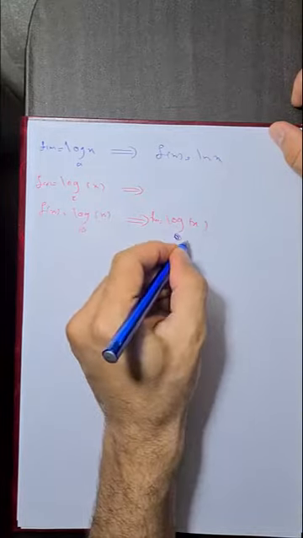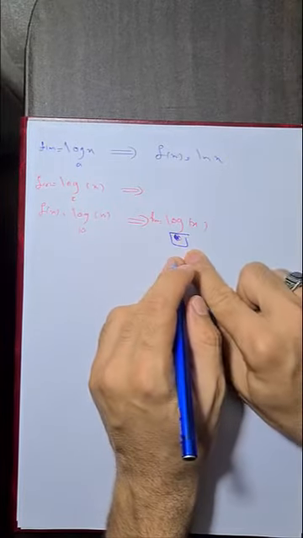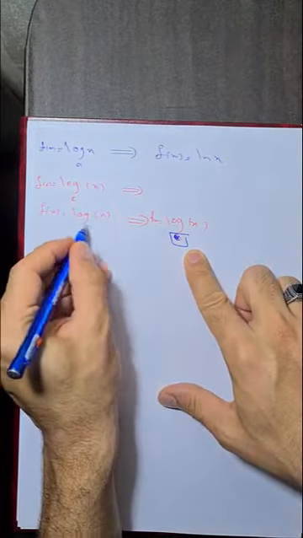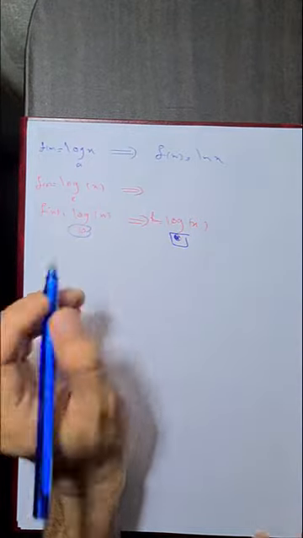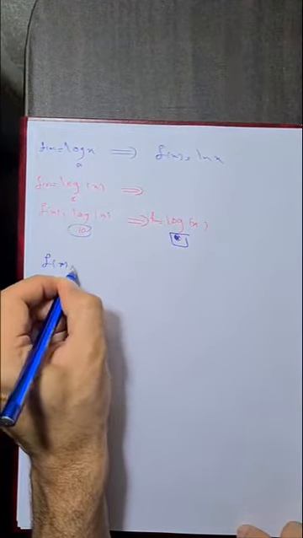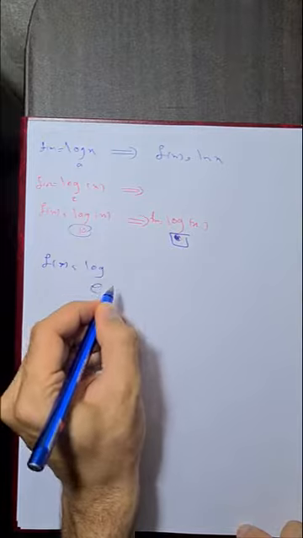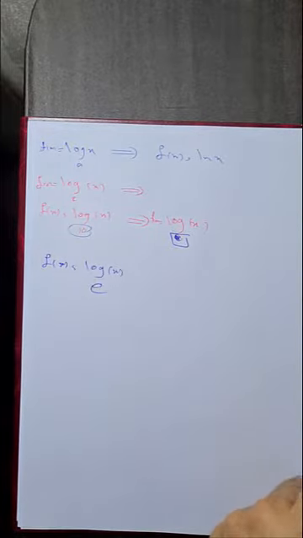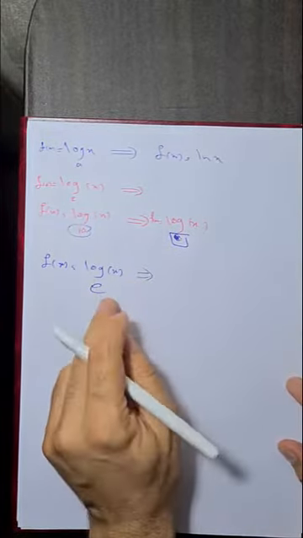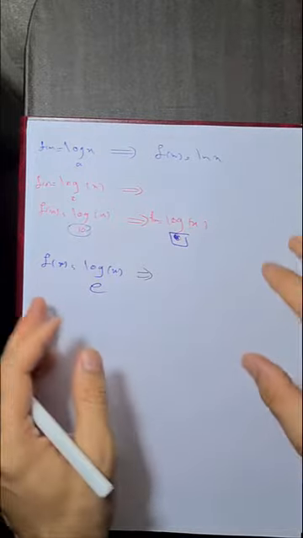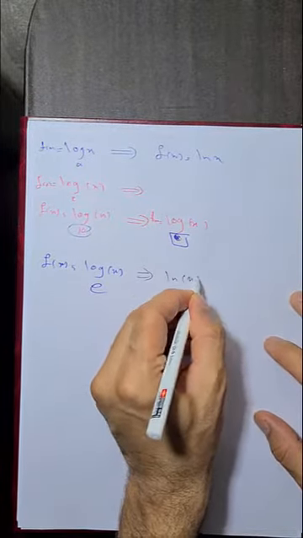Why? When we don't mention the base, we don't write anything here, it means that our base is what? Is 10. How about if my base is e? You know, e is the natural exponential. So we don't want to write these all together, we just write it like that.